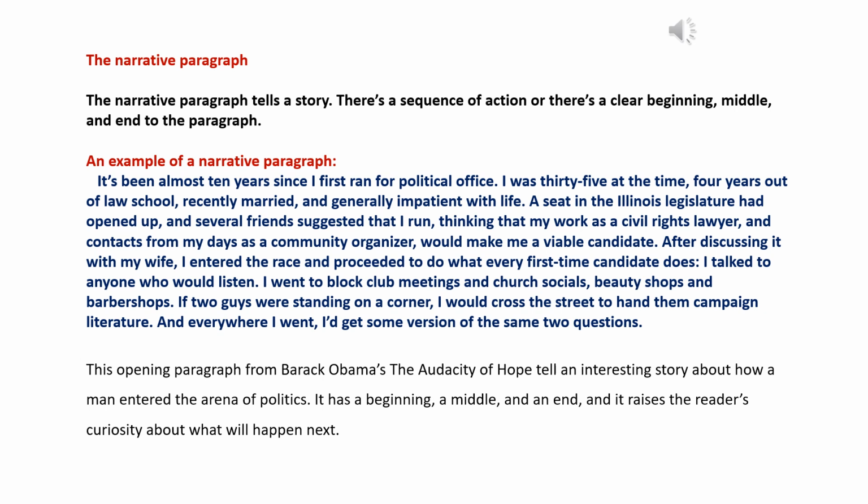It's been almost 10 years since I first ran for political office. I was 35 at the time, 4 years out of law school, recently married, and generally impatient with life. A seat in the Illinois legislature had opened up, and several friends suggested that I run, thinking that my work as a civil rights lawyer, and contacts from my days as a community organizer, would make me a viable candidate.